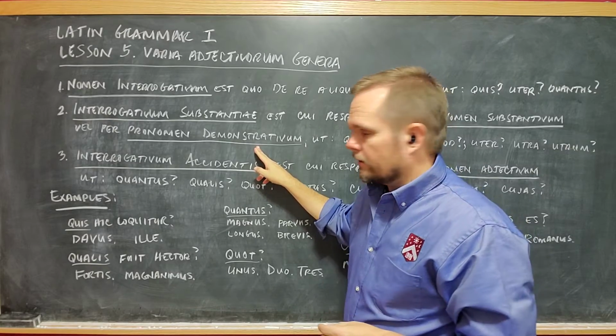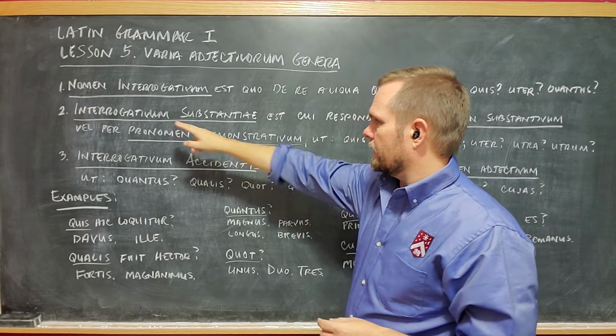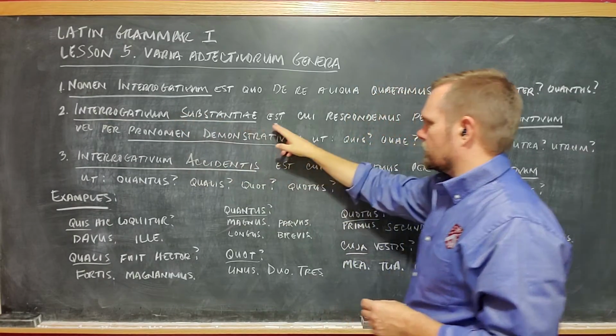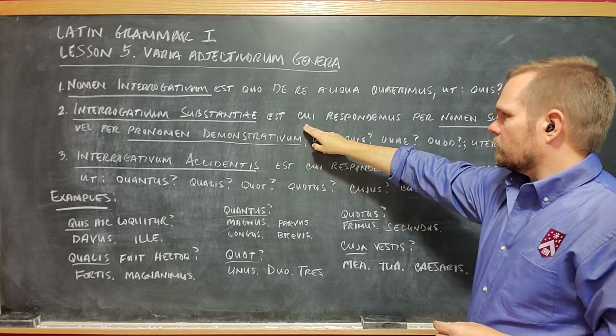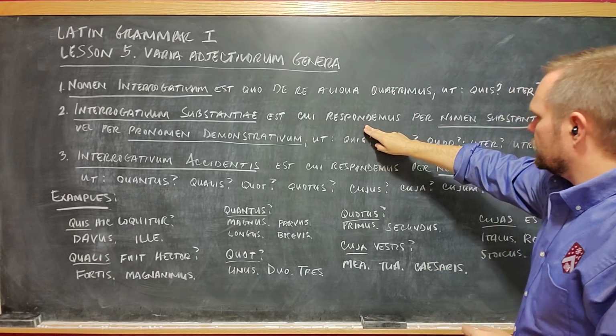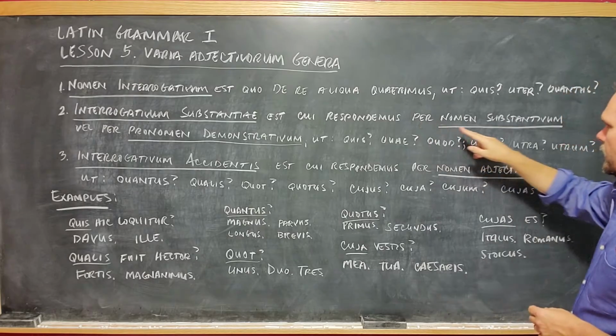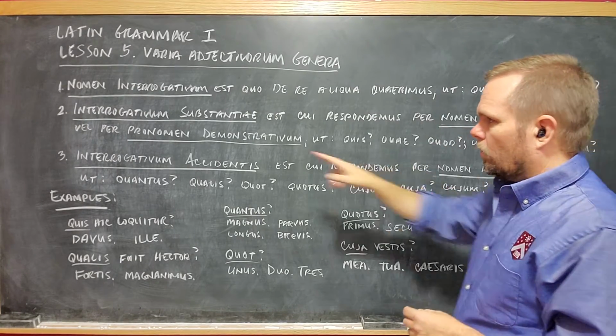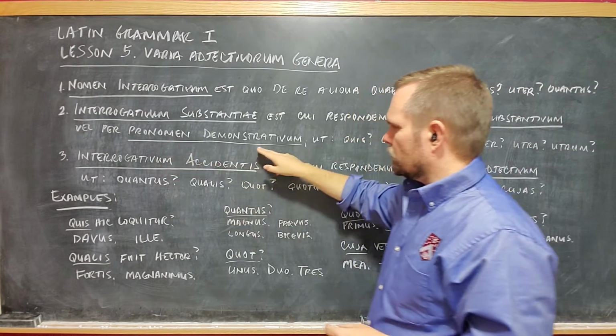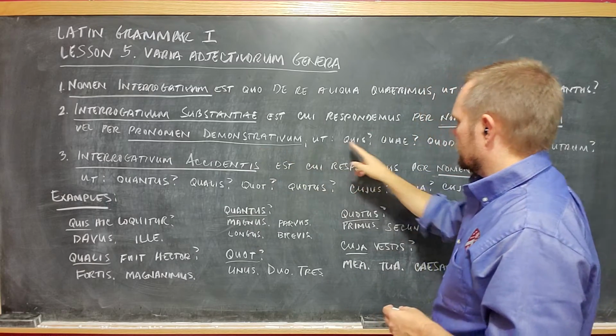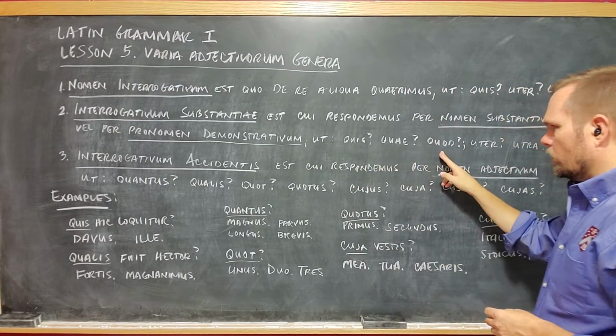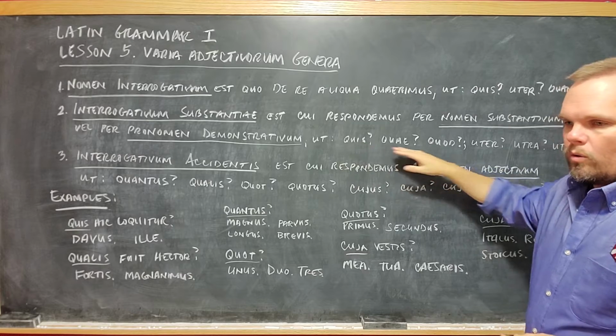And I'll explain what that is in a minute. An interrogative noun of substance is that to which we respond by a substantive noun or by a demonstrative pronoun, such as quis, quae, quod. This means who or what.